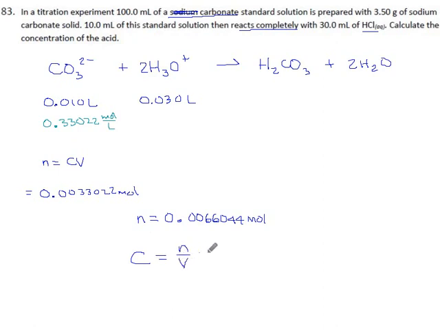Concentration is n over V, 0.0066044 divided by, and our volume is 0.03. I get 0. How many sig digs are we looking at again? 3? Yeah. 3 sig digs, so 0.220 moles per liter.